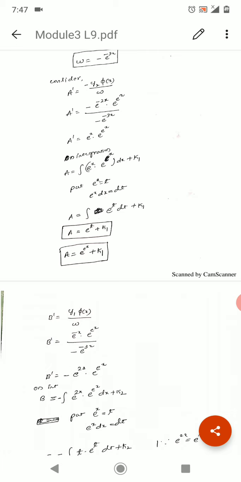Now take e power x is equal to t. By differentiating we get e power x into dx is equal to dt. Therefore the above equation becomes a is equal to integration of t into e power t with respect to t plus k1.